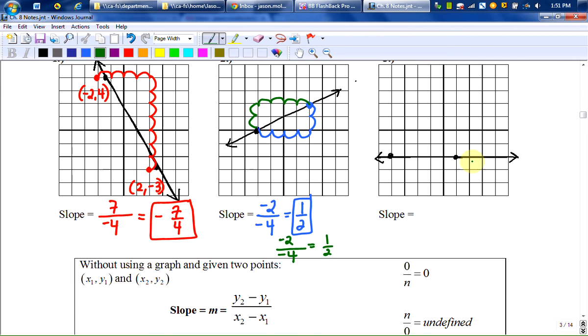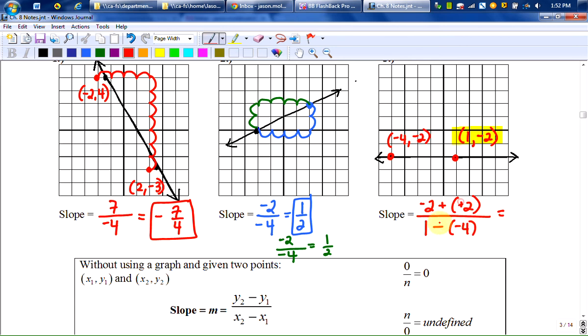Then with the last one, if I use the two points that are provided, let's say this point, and I know I'm doing a lot of work for something that's probably quite simple, but just bear with me. I'm going to do change in y, so -2 minus -2, over change in x, using this point, 1 minus -4.